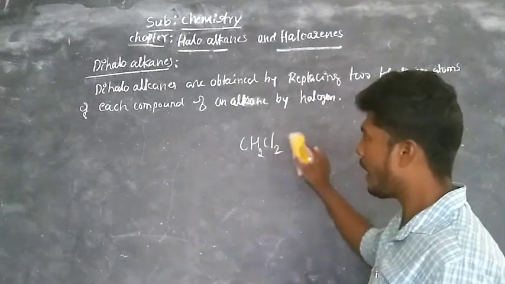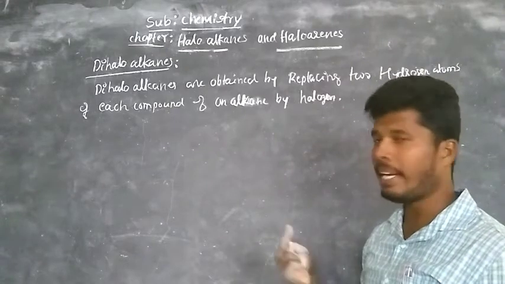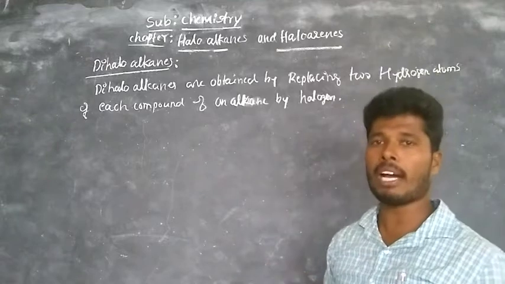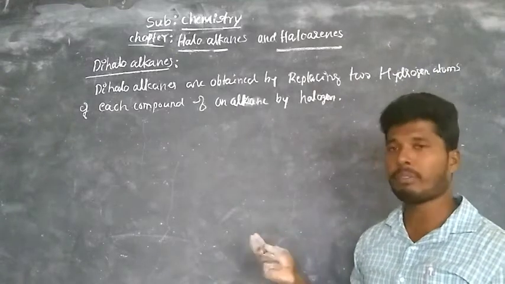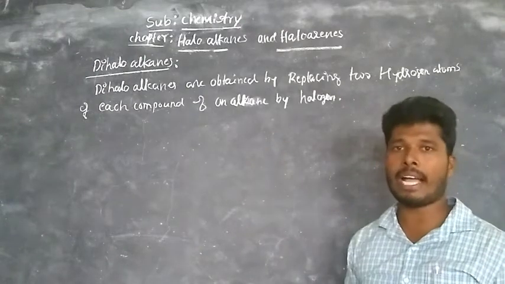These dihaloalkanes are again classified into two types based on the number of halogen atoms attached to the same carbon or neighboring carbons. Whether the halogen atoms are attached to the same carbon or to adjacent carbon atoms, we classify these dihalogens into two types.